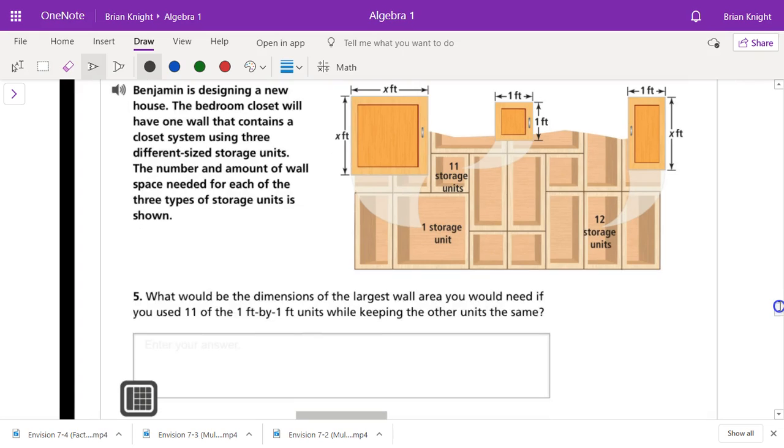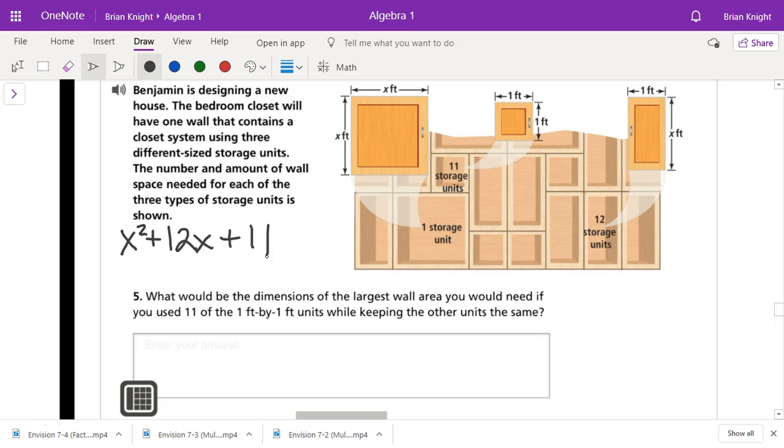One more word problem. It's the exact same thing, except different amounts this time. So this time we have x squared plus 12x plus 11. Everybody see how I'm getting those? Okay? So it says the number amount.